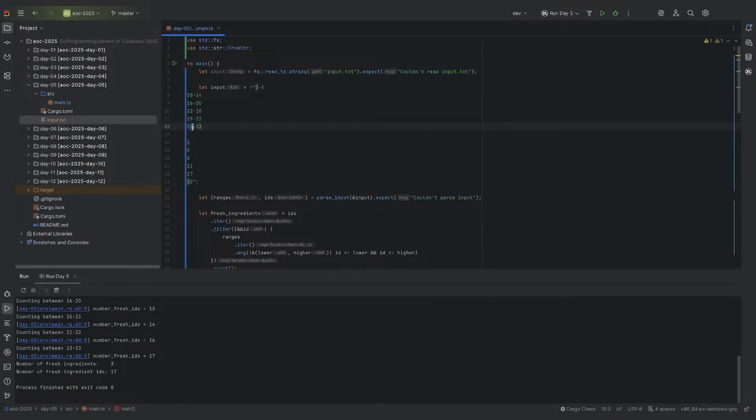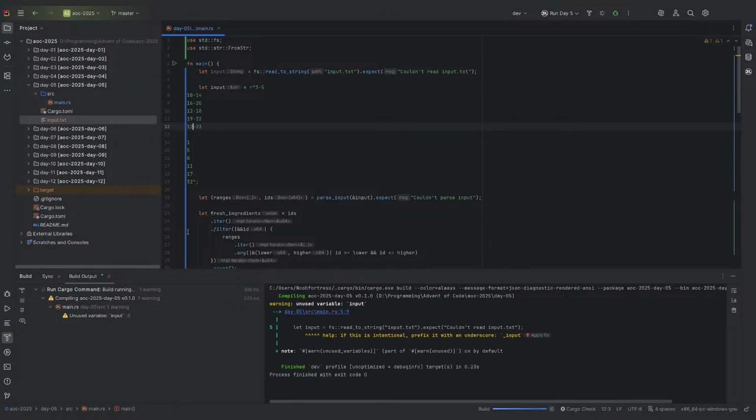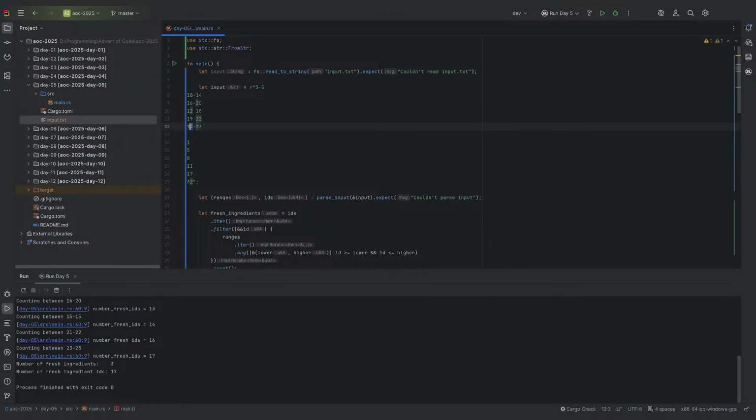Which it does. Still be contained. Again, I just do not see where my bug is.